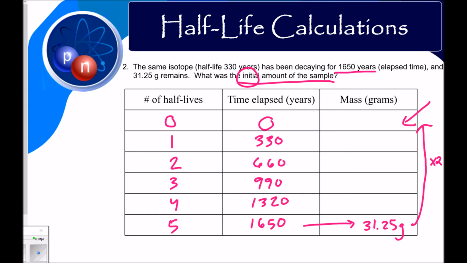So after 4 rounds, we can say we had 62.5 grams. After 3 rounds, we would have had 125 grams. After 2, we would have had 250. After 1 round, it would be 500. And then at 0 half-lives, to get our initial amount, it would be 1,000 grams.